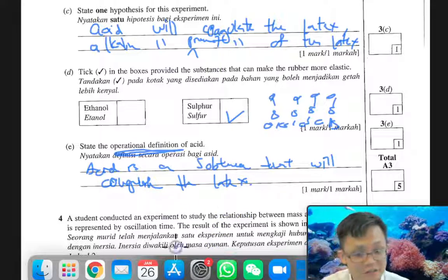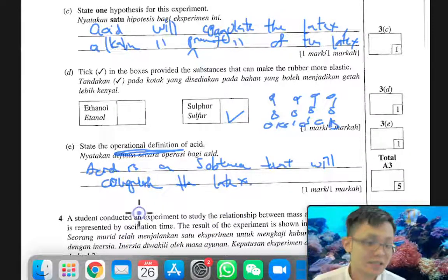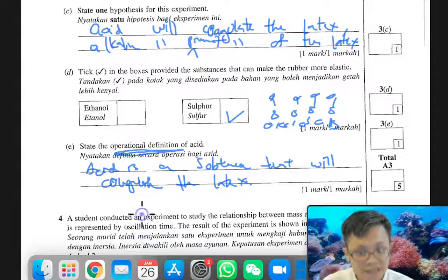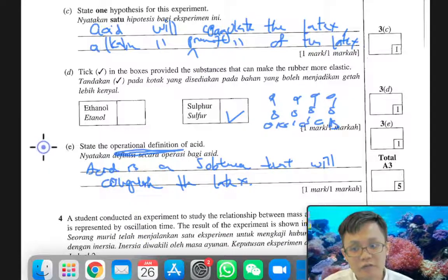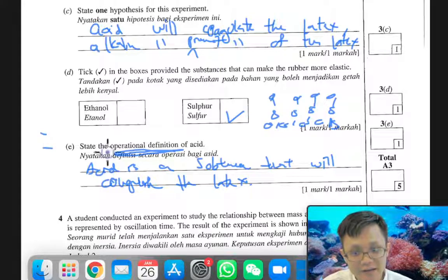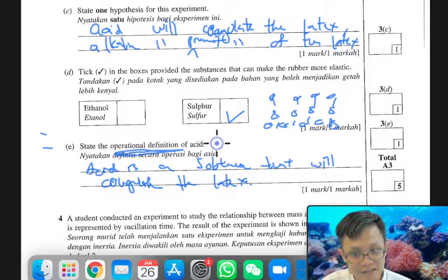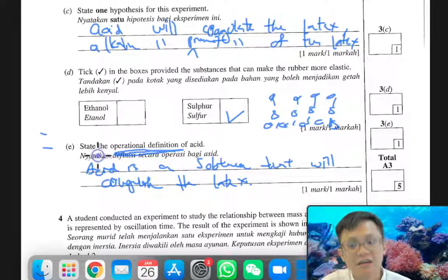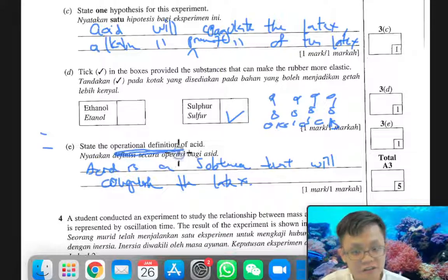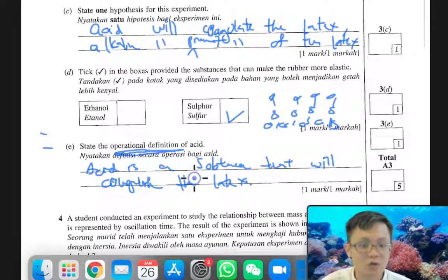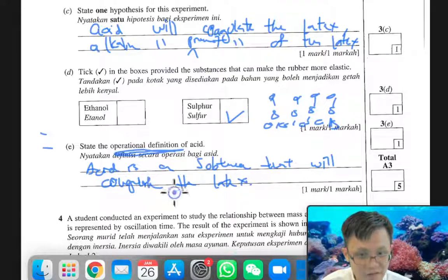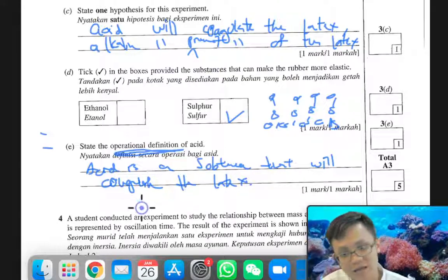But of course, this is not the definition of acid. Acid means it's actually below pH 7. So it depends. Be careful whether the question asks you to define acid, or asks what is the operational definition of acid, which means what you are defining when you are doing this experiment.